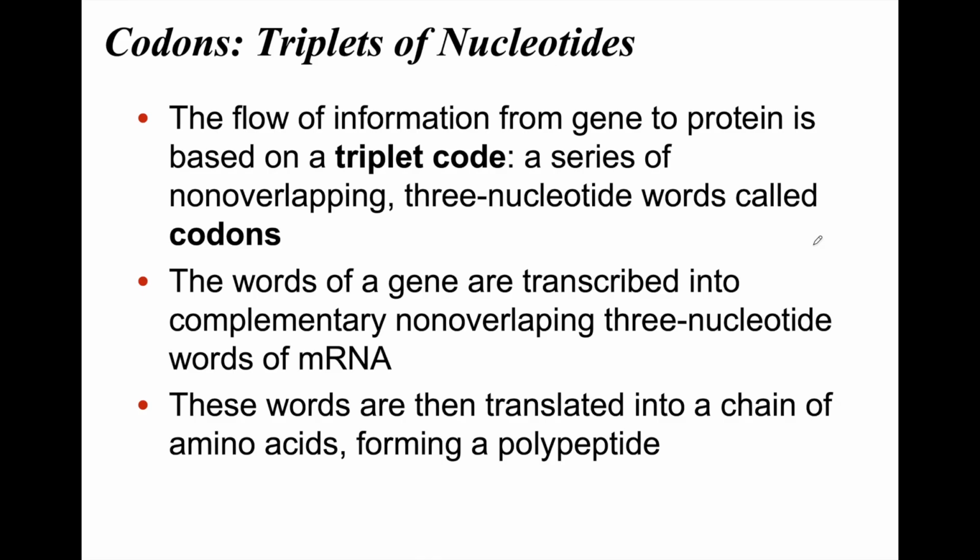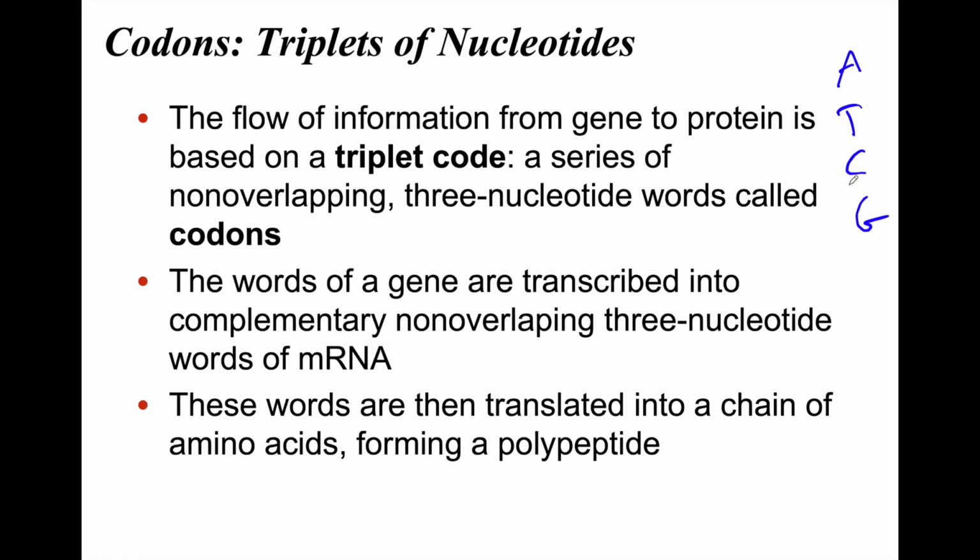Now, your DNA stores information, and the information it's storing is telling you how to build proteins. That information is stored in a code, and the code is in the nucleotides, in particular the base pairs. Those letters A, T, C, G are used as a code to tell you how to build your proteins. Remember that proteins are built out of amino acids.